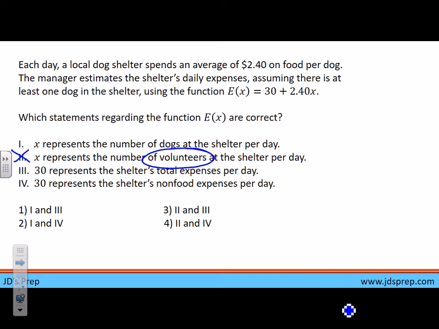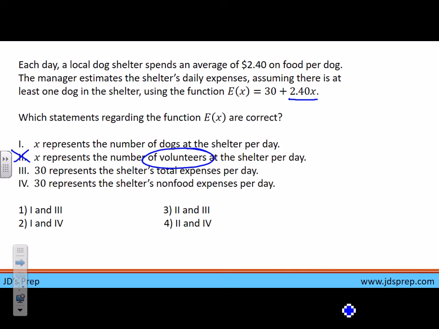The other statement about the variable, number 1, says that the variable represents the number of dogs at the shelter per day. And if we look at the function itself, we have this 2.40 times x. Since the function is measuring the shelter's daily expenses, this means that whatever x represents, the expenses are going to be $2.40 times whatever x represents.